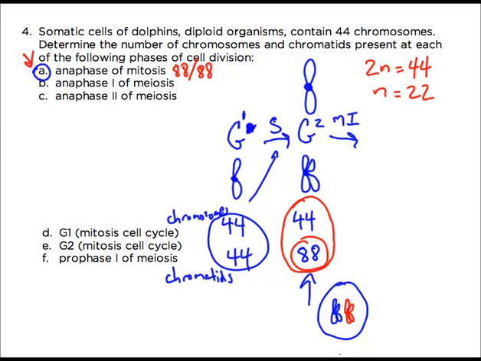So here we have one of the pairs. Now, in this cell, let's say again that this is metaphase of meiosis 1. In this cell right now, there are going to be a grand total of 44 chromosomes, right? And 88 chromatids.